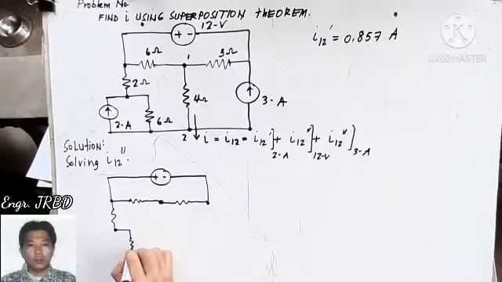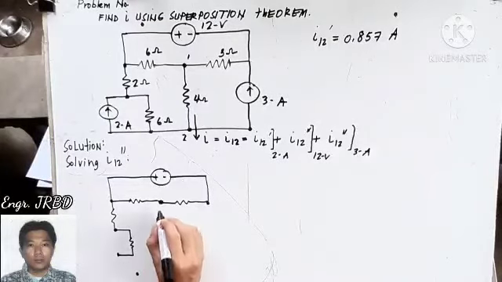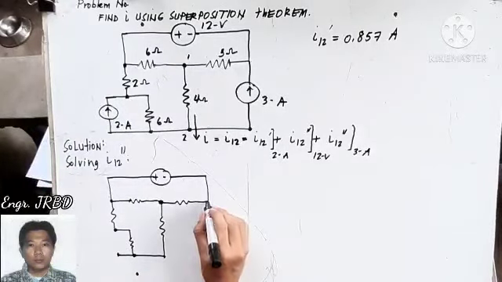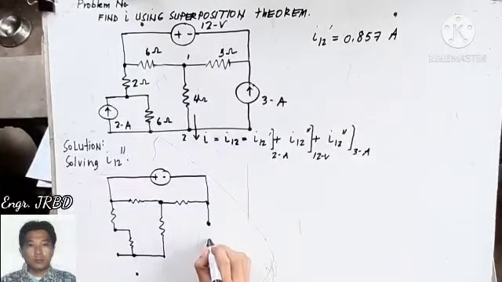The internal resistance of a current source is infinite. That is an open circuit. Open circuit meaning if you are using an analog tester, the analog tester will not move. Okay?